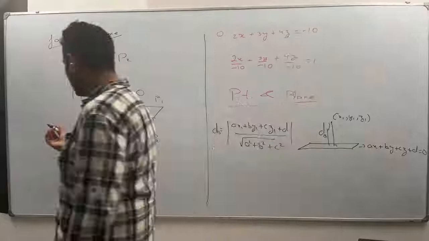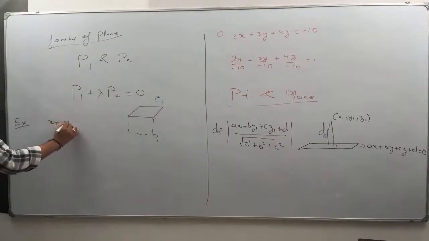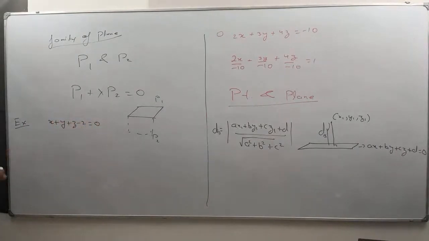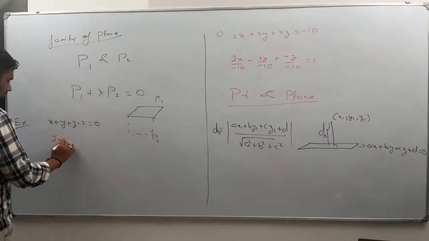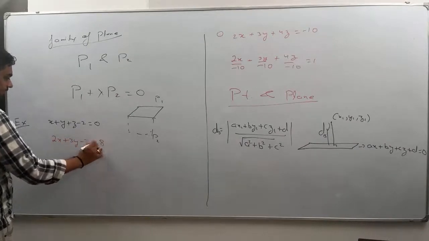So we'll understand an example. Let's say you have x plus y plus z minus 2 equal to 0. This is one plane. Let's take another plane: 2x plus 3y minus z equal to 8.